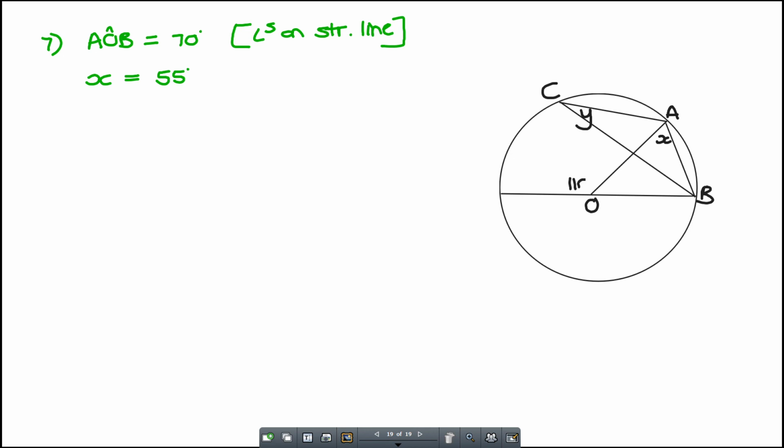This is 110. So what I want you guys to see is that this will be 180. Right? So meaning that's going to be 70. Now, OA and OB, they are both radiuses. So it forms an isosceles triangle. Now, meaning that this angle and X will be the same.